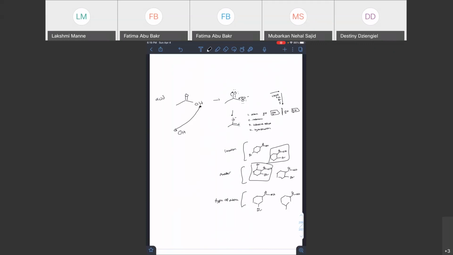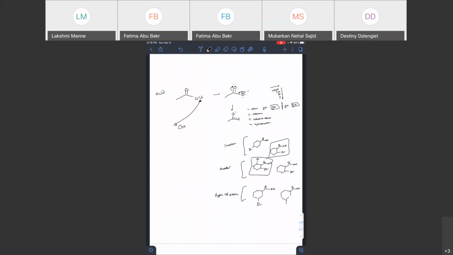Okay, well, I remember one of them was the opposite of inductive effect. Okay, well, anyways, moving on. If we see it, then we'll figure it out from there.